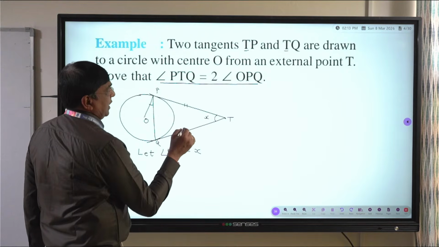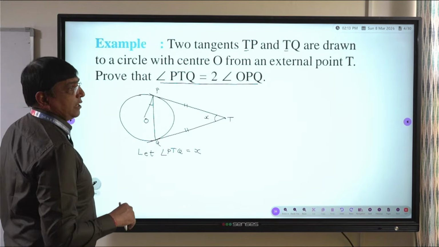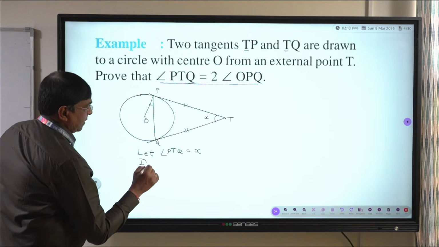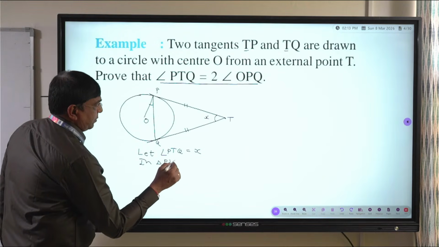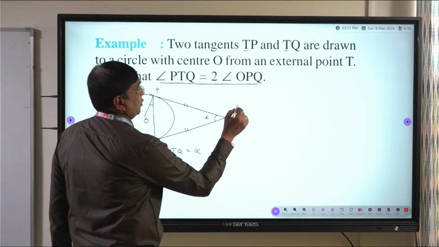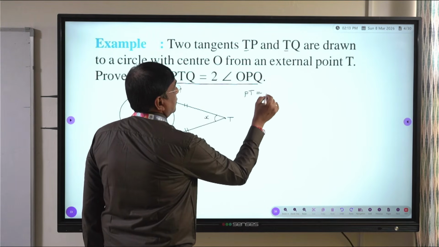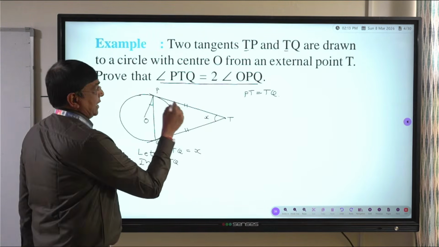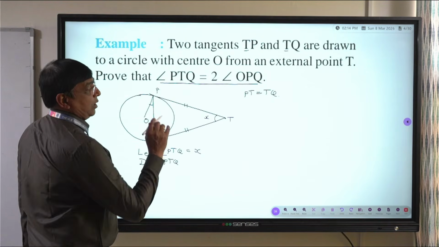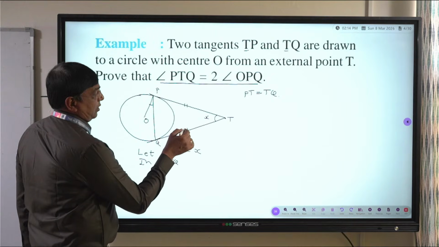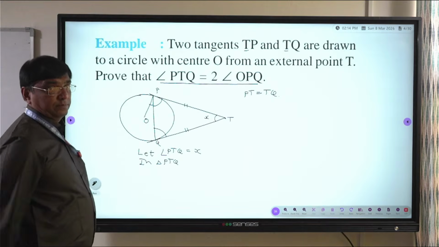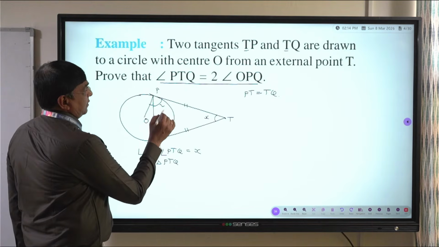So consider triangle PTQ, in which we can say PT equals TQ. If two sides are equal, the opposite angles are also equal. Two sides are equal, so the opposite angles, this angle and this angle, are equal. Say both are y.